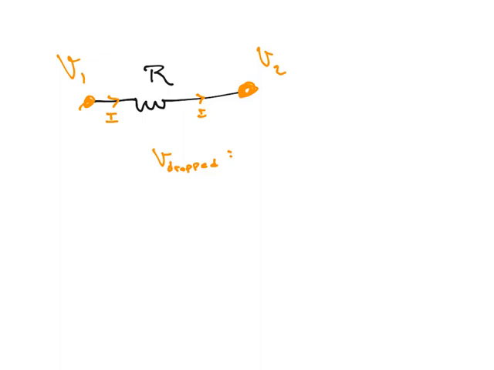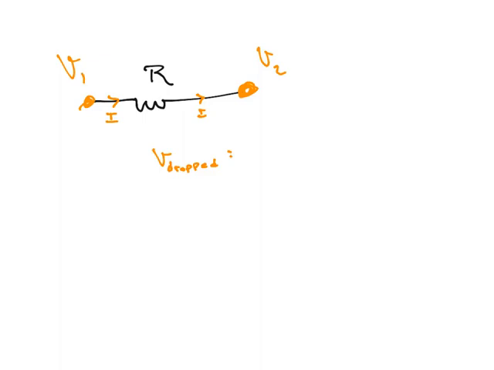But when you have a resistor, and there's some current flowing through the resistor, the voltage dropped by this resistor is like saying there's some voltage over here on this side and there was some voltage over here on this side.